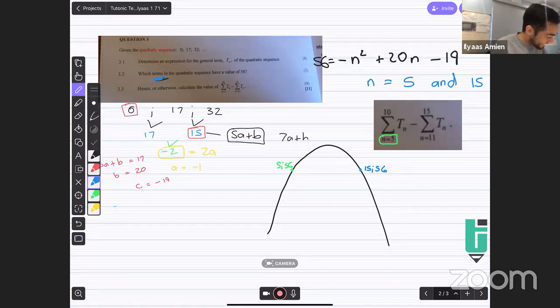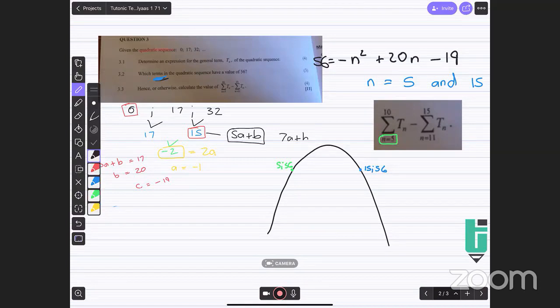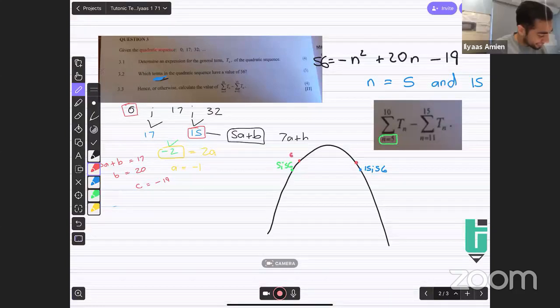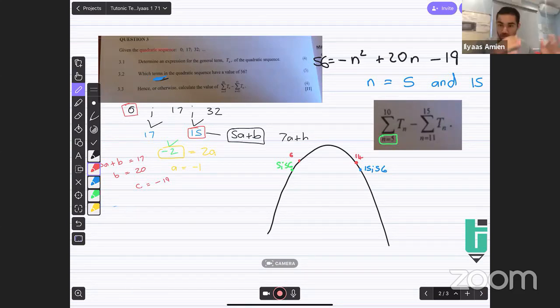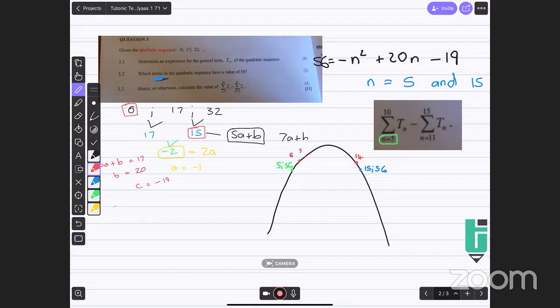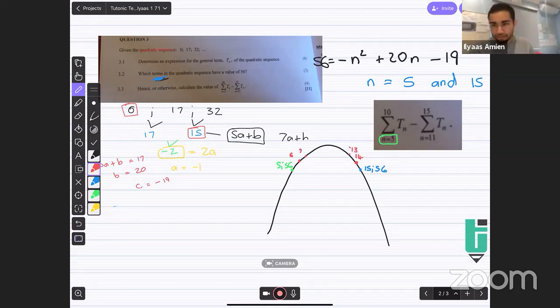Now, do you agree that when x is 6 and when x is 14, they're going to have the same y value? Yes, because of symmetry. When x is 7 and 13, they have the same y value.